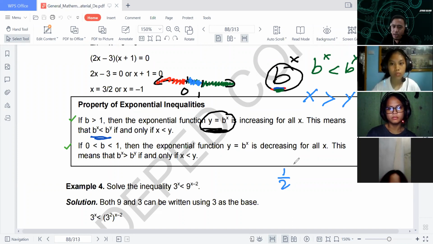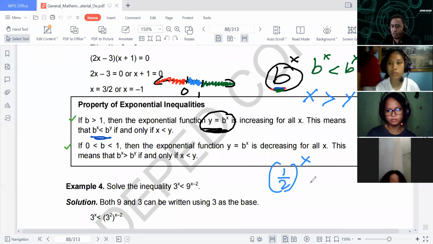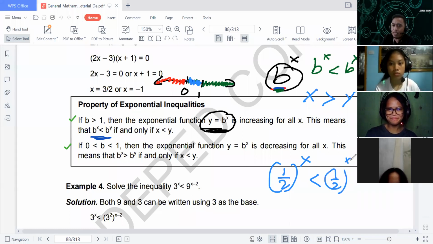If you have 1/2 raised to the power of x less than 1/2 raised to the power of 2x plus 1, in this case they have the same base, right? And your b is in between 0 and 1, the 1/2, right?